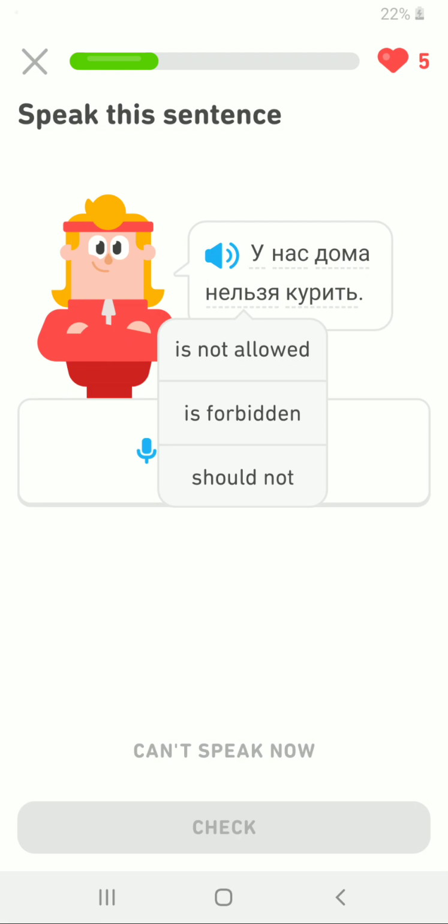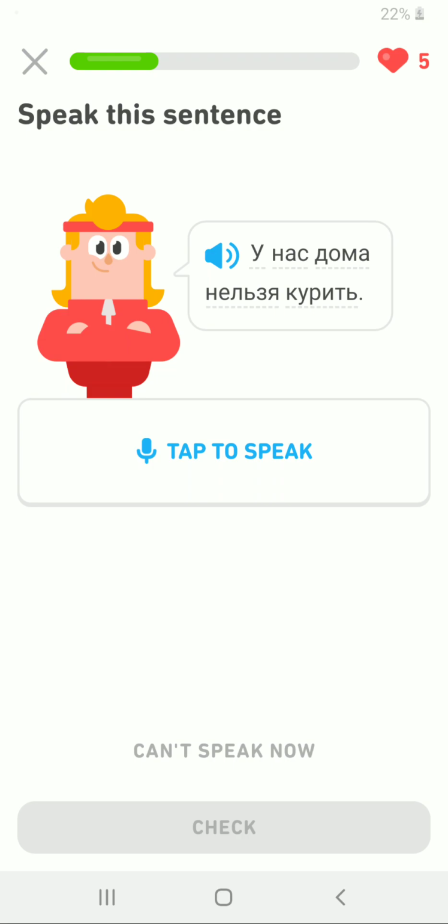Yeah, it's not allowed. It's forbidden. You should not or you must not do this. So it's like, how do you say this? Forbidding something. Yeah. Prohibited. It is prohibited.